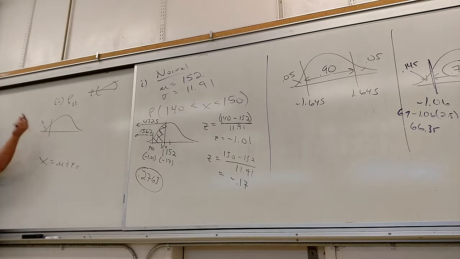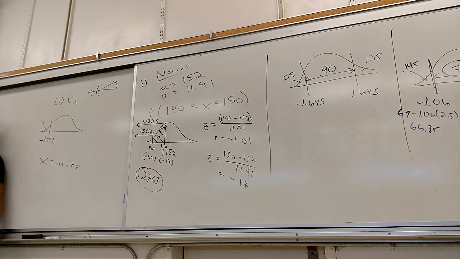So 0.11, what's the closest you can get to that area? Negative 1.23. 0.1093, that's the closest you get to 0.11.